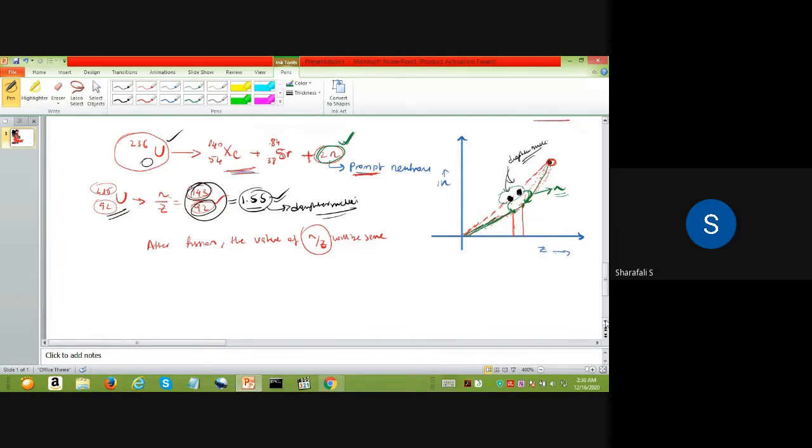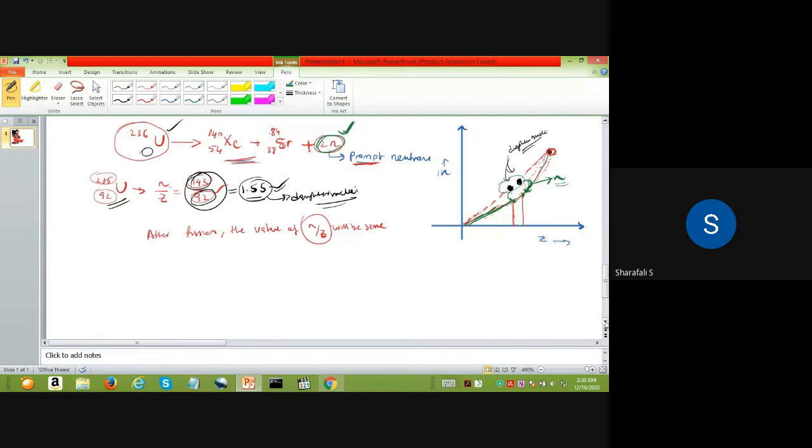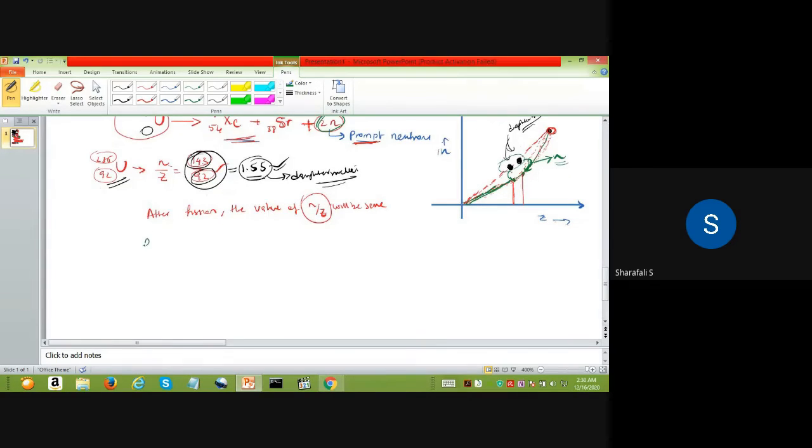So these are the prompt neutrons, and if you consider the fission reaction time, it will be around 10 raised to minus 14 to 10 raised to minus 16 second. So within this fraction of a second, that fission will happen.